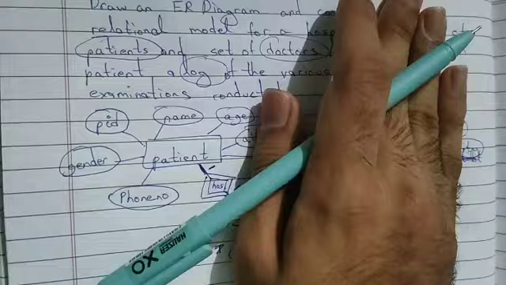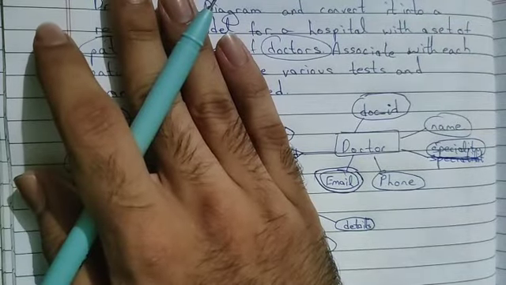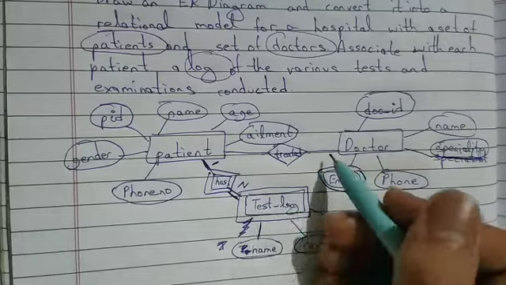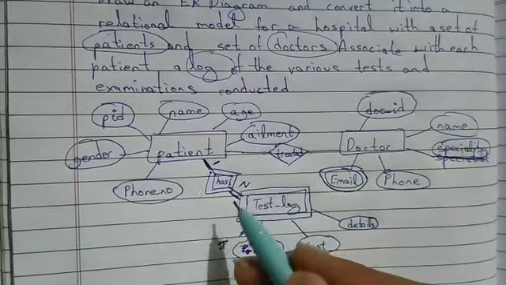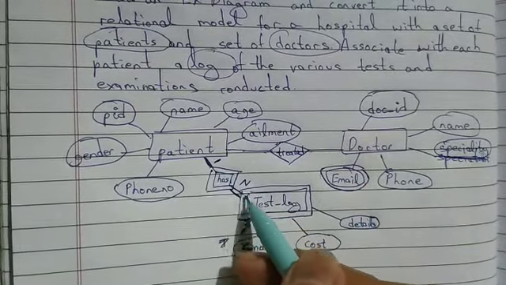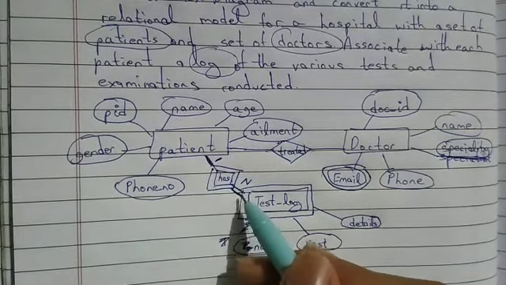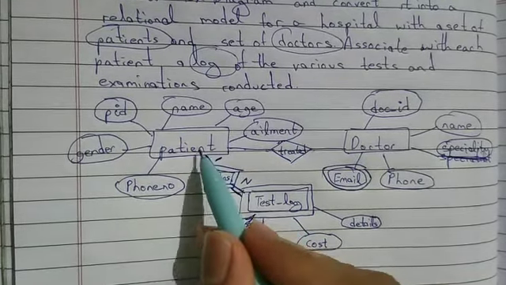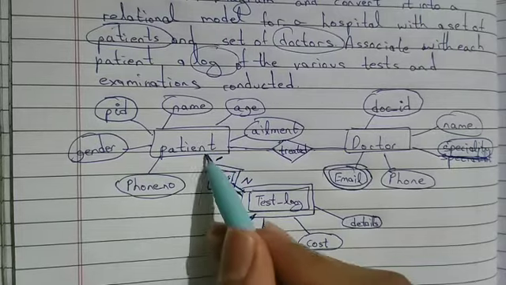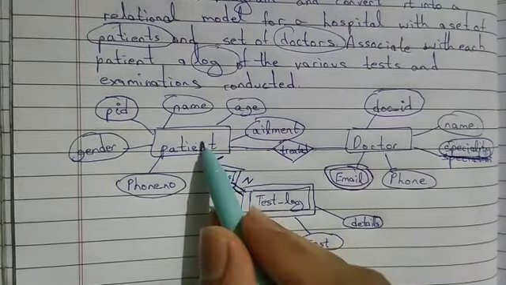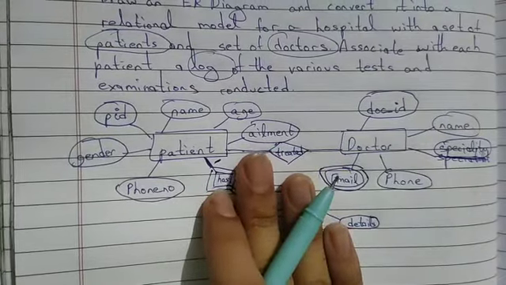Even if the doctor wasn't there, the patient would exist, and even if the patient was there, the doctor would exist. Which is why we have single lines here, okay, to indicate partial participation. Single line means partial participation, double line means total participation. Total participation means that this entity is completely dependent on the other, but partial participation means this entity is not completely dependent on this one. A patient can exist without a test log also.